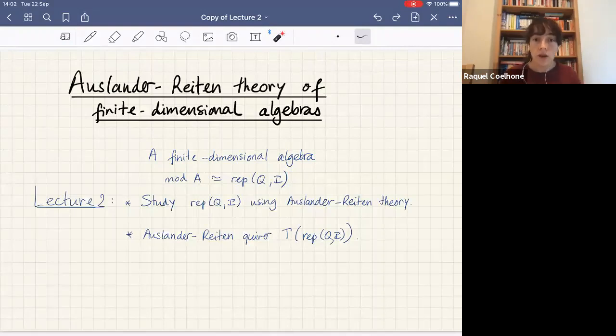And for this, we're going to use a very, very powerful theory called Auslander-Reiten theory. This was created by Auslander and Reiten in the 70s.